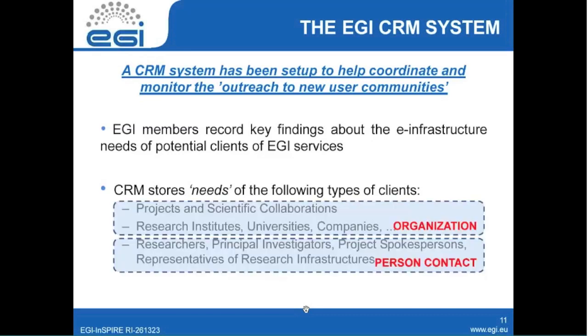And for the CRM, we have two kinds of entities: the organizations and the person contacts. Under organizations, we will basically record information for the projects and for the scientific collaborations, and also information for the institutes working under these projects.